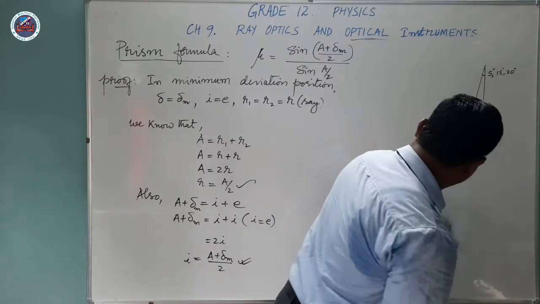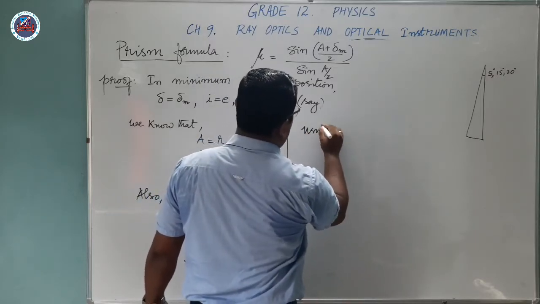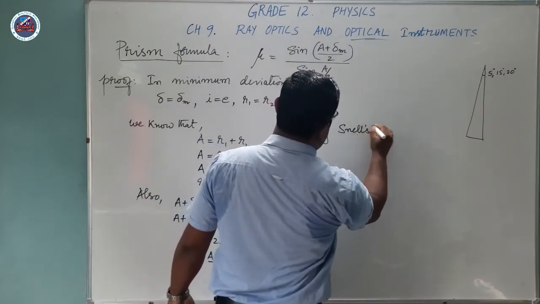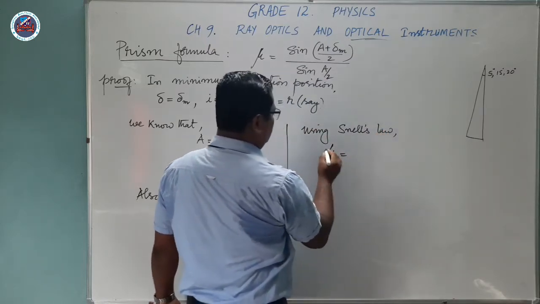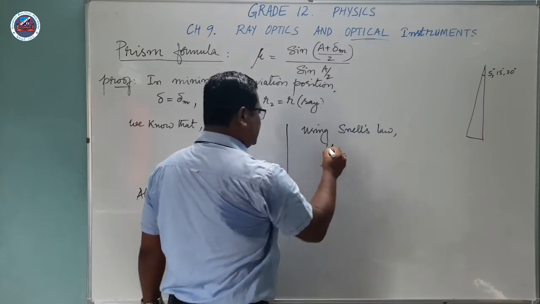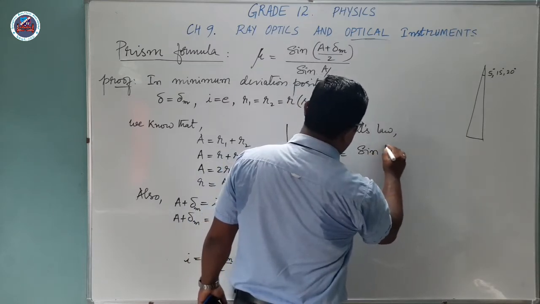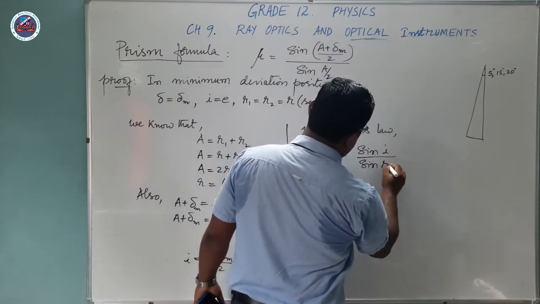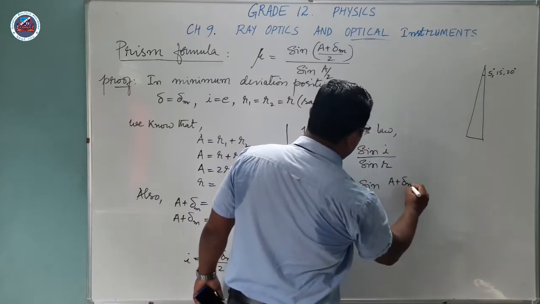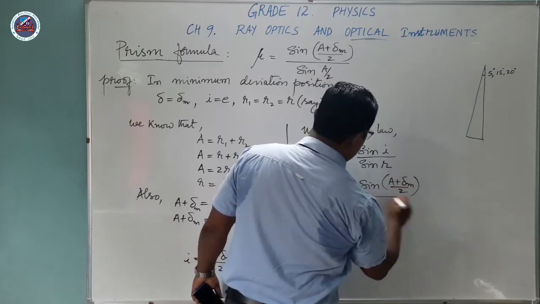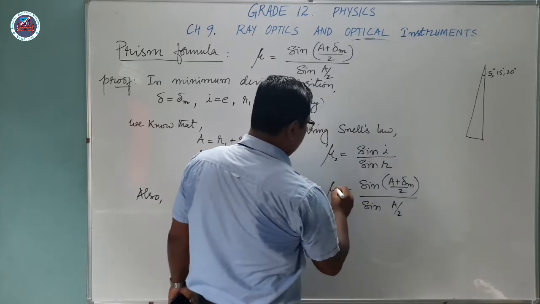Using Snell's law, refractive index is equal to, this is for the material of the prism we are taking, mu2 with respect to 1, sin I by sin R. Sin I is (A plus del m) divided by 2, and sin R we got angle of the prism A divided by 2.